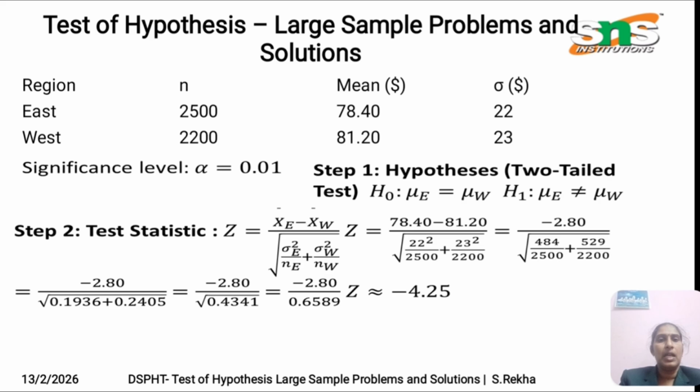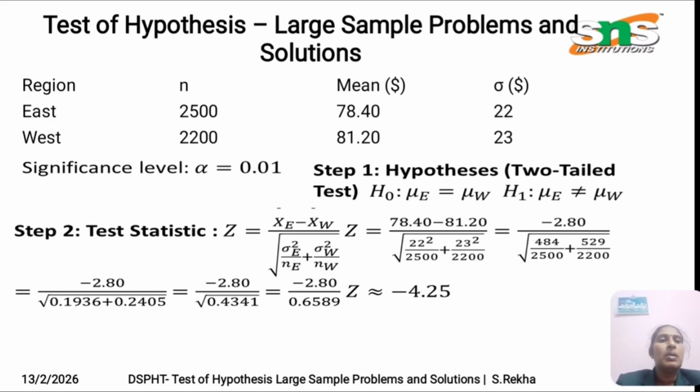If two sets of data are given, we have to go with the two sample formula, that is (x1 minus x2) divided by the root of sigma 1 square by n1 plus sigma 2 square by n2. You can name the variables as you like, or otherwise adopt the formula.